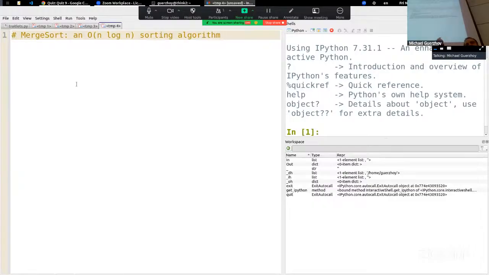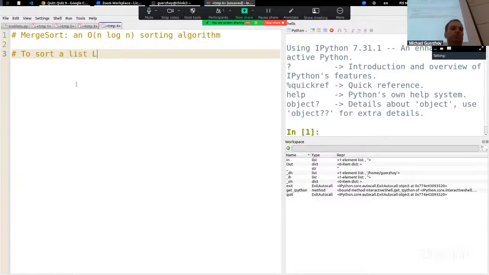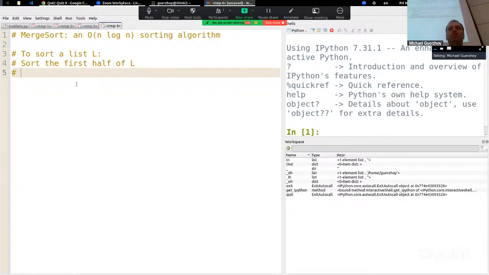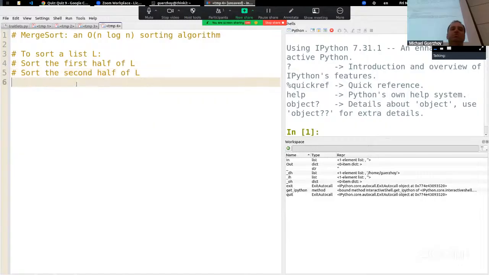So Python uses like a variation of merge sort, actually, not literally merge sort. So the idea of merge sort is like this. To sort a list L, what I can do is sort the first half and then sort the second half of L. And then merge the lists to get the sorted version of L.